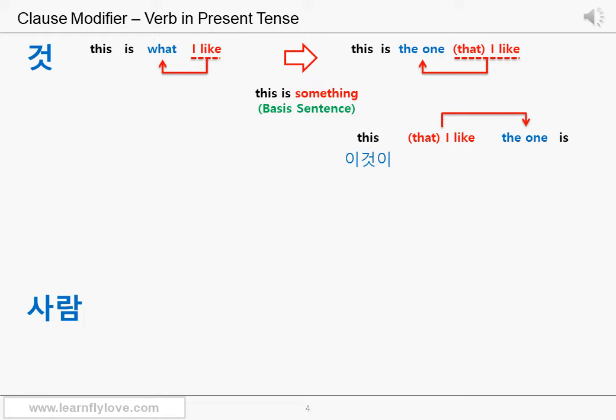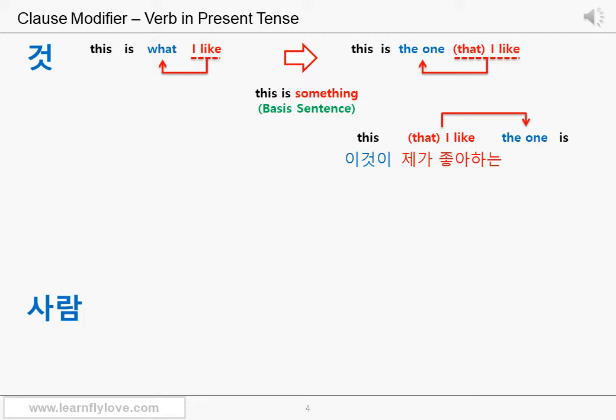This is 이것, 이것. Yes, you can use 이거 too. No problem in spoken Korean. Let's add a particle, 이. 이것, 이. 이것이. Yes, 이게 is fine too. That I like. We don't translate that. Let's ignore it.